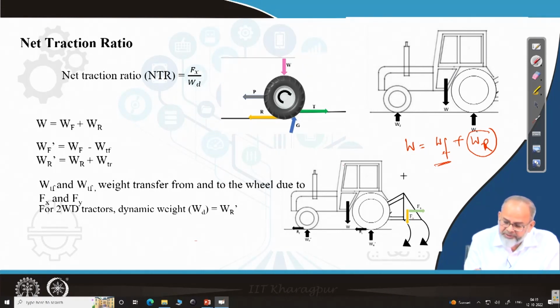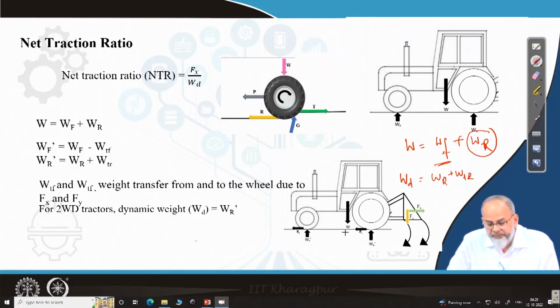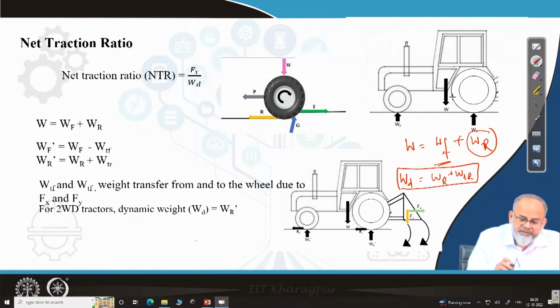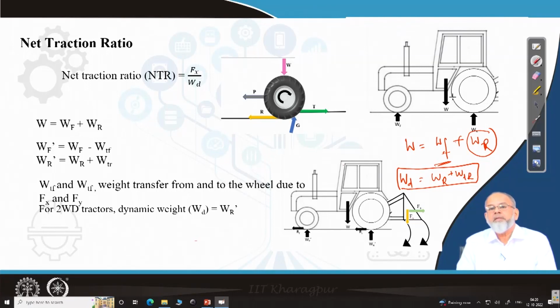So, the dynamic weight on the rear axle will be equal to WR plus some weight transfer, which I have denoted as WTR. So, while calculating the coefficient of traction, we have to divide the pull which is developed with this dynamic weight, not the static weight which I have written as WR. So, that is the difference for net traction ratio in case of a single wheel and in case of a tractor.